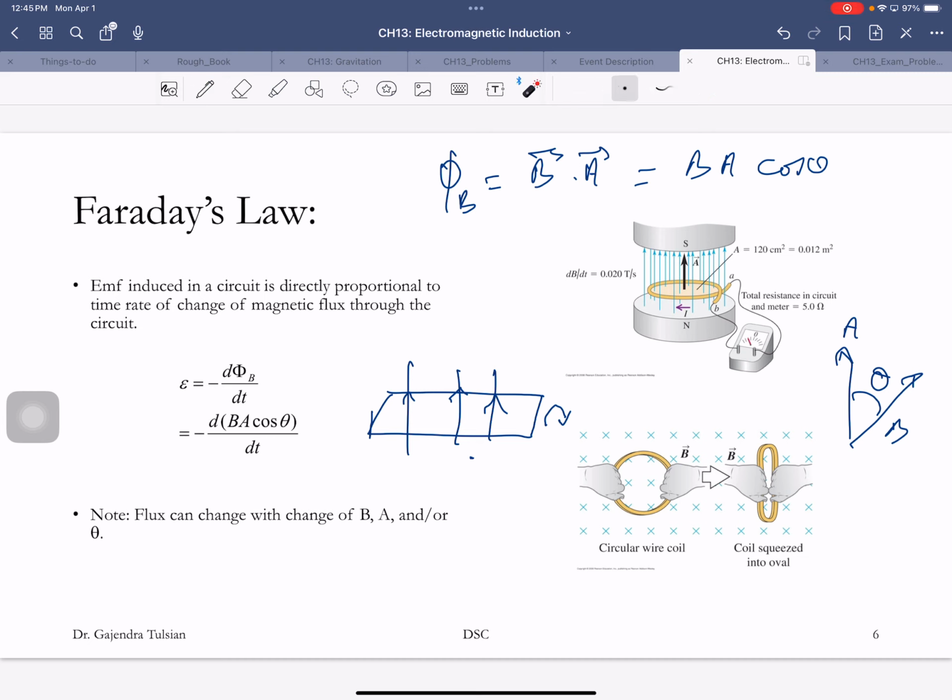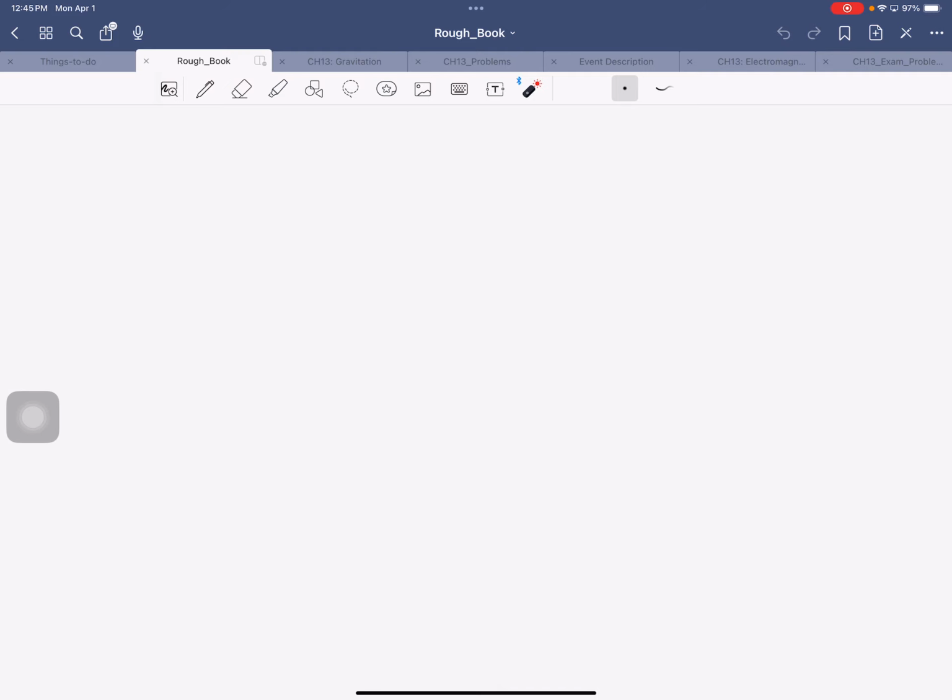So what you're trying to do is induce an EMF in the loop of wire, right? To induce an EMF, you want the right-hand side to be non-zero. Well, you can have B constant, A constant, and just change the angle theta. Let me draw another diagram for you.